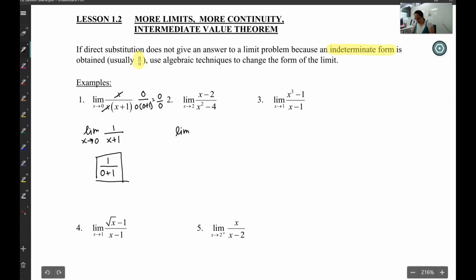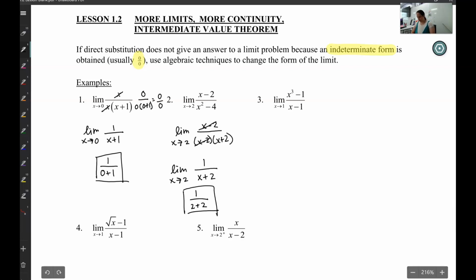So let's try it with this one. With this one, we notice that the denominator is difference of squares. So I factor out the denominator, and I get those cancel. So I get 1 over x plus 2, and now I can do my direct substitution, get my answer.